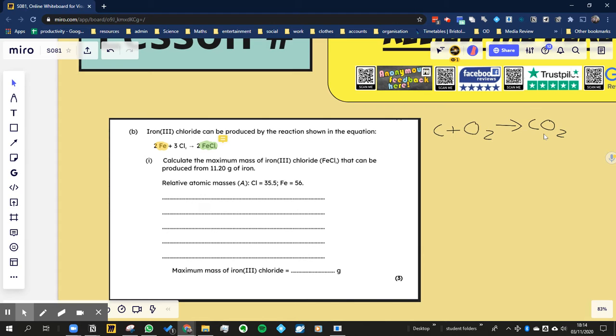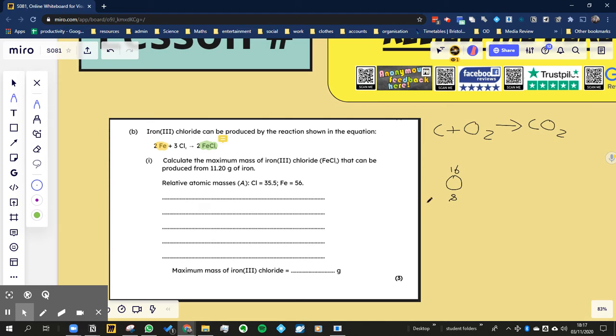But when we are doing moles, exactly the same thing can be said about moles. So although it's true that 1 atom of carbon would react with 1 molecule of oxygen to produce 1 molecule of carbon dioxide, I can take that entire equation and swap the words atom and molecule for just moles. So let's write the sentence out.